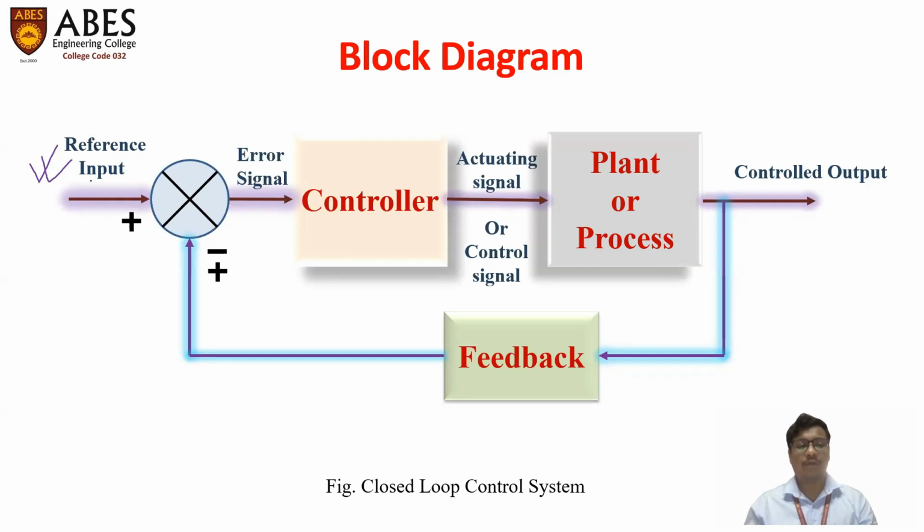When we give some desired input, it goes to the controller, then the controller forces the plant to give the controlled output. This is the control output, or we can say the actual output. Then this actual output is fed back to the comparator. This block compares, and the error signal is directly fed to the controller so that the controller forces the plant to give an output just like our reference input.